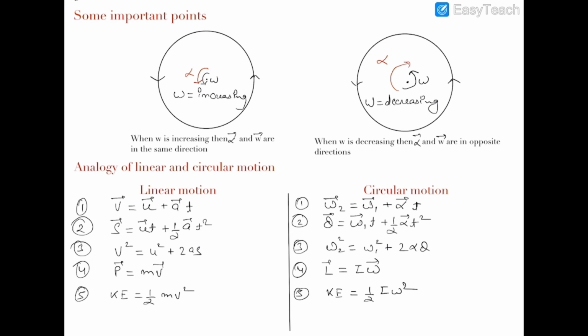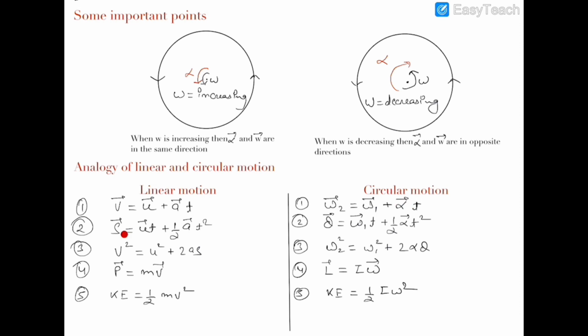So there is some analogy between linear and circular motion. In linear motion the first equation of motion is v is equal to u plus at. In circular motion it is omega 2 is equal to omega 1 plus alpha t, where omega 2 is the final angular velocity, omega 1 is the initial angular velocity, and alpha is the angular acceleration.